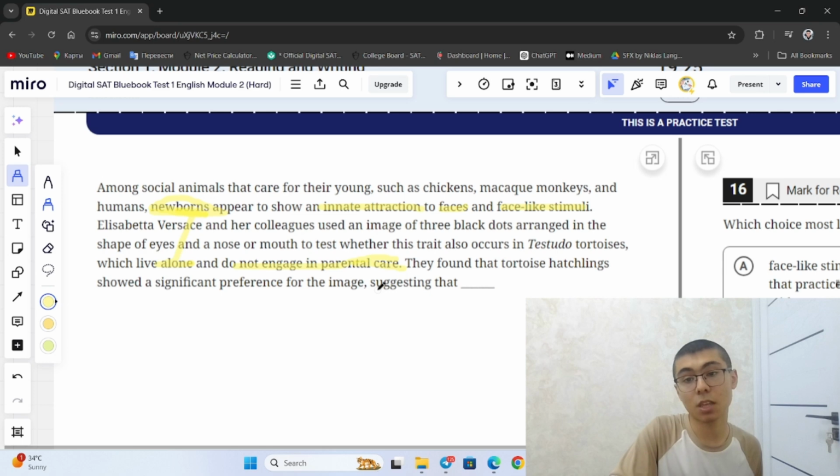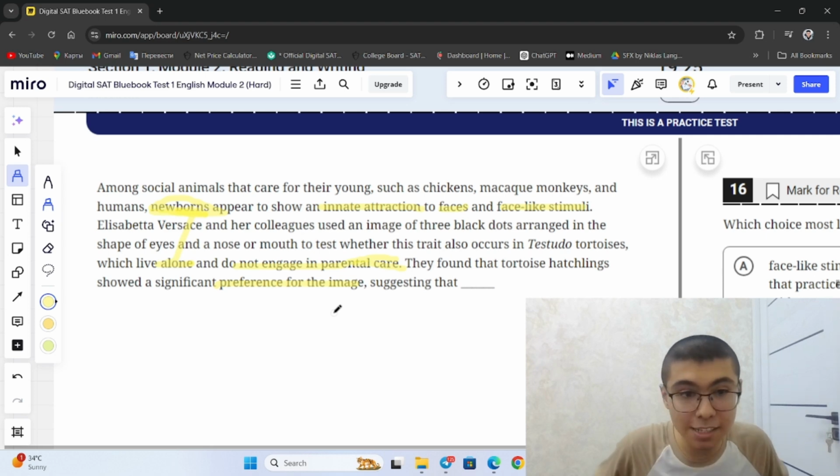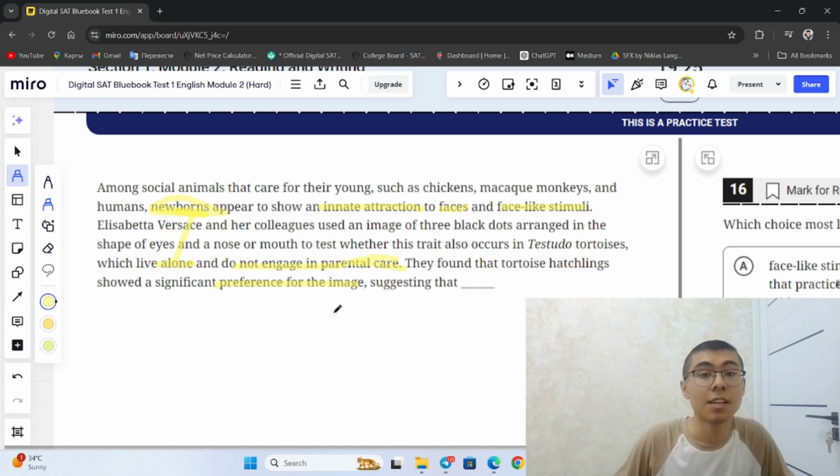They found that they showed a significant preference for the image. So, my guess is it doesn't matter whether they are alone or not. It's still that newborns have an innate attraction to faces.